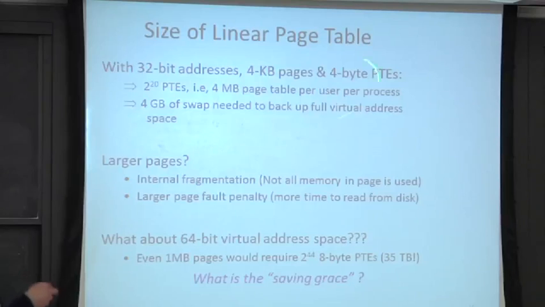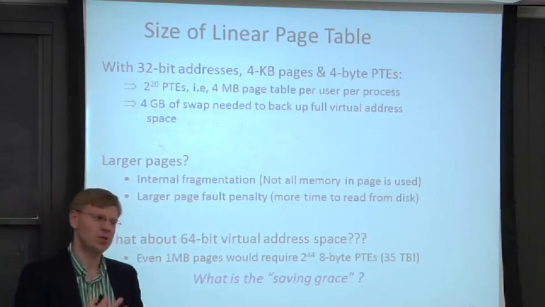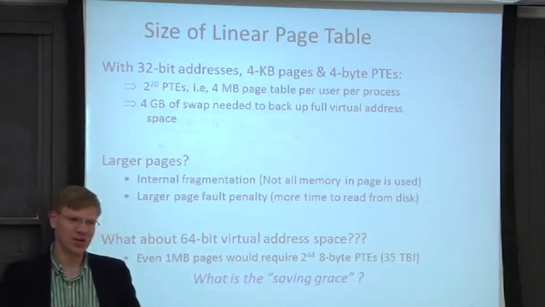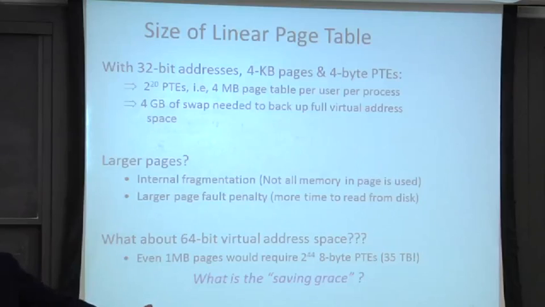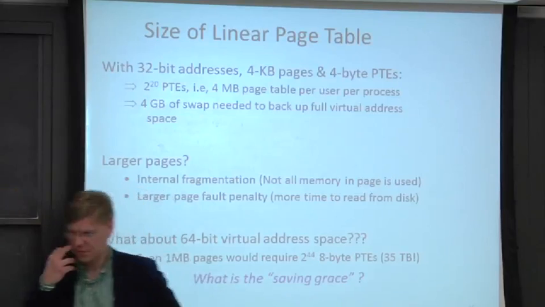So if we use this linear page table notion and you had 1,000 processes running, all of a sudden you'd be using 4 gigabytes of memory, which is your entire address space on a 32-bit machine, just for the page tables, and have no place to put actual data. So I'll give you guys a hint here that people typically don't use linear page tables because it's not very storage effective.